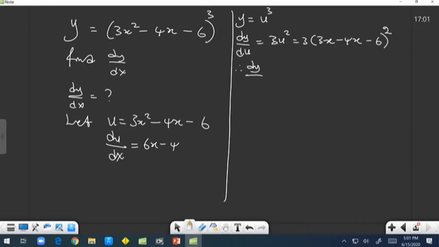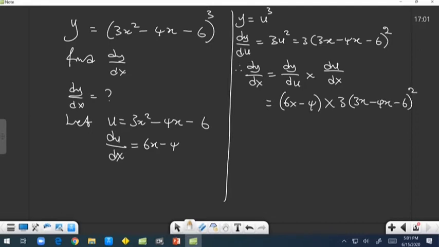So therefore, dy over dx is equal to dy over du multiplied by du over dx. And du over dx is equal to 6x minus 4. And dy over du is equal to 3 in brackets, 3x squared minus 4x minus 6 raised to the power of 2. So for the final answer here, we can bring this forward.